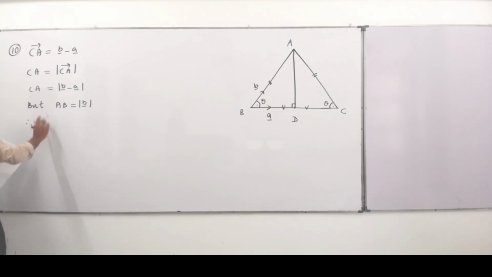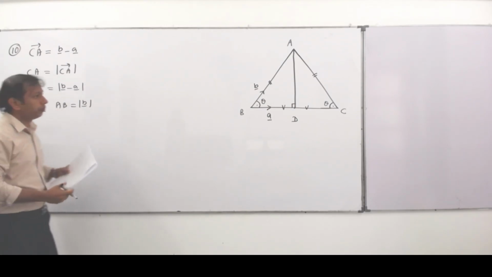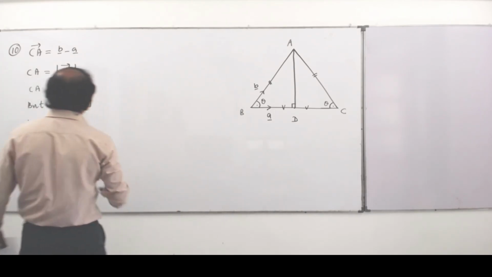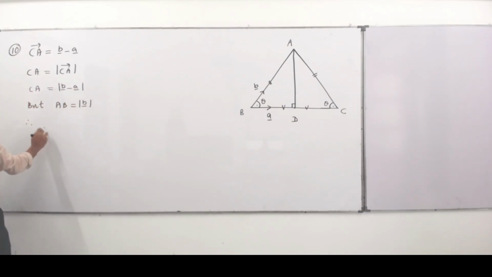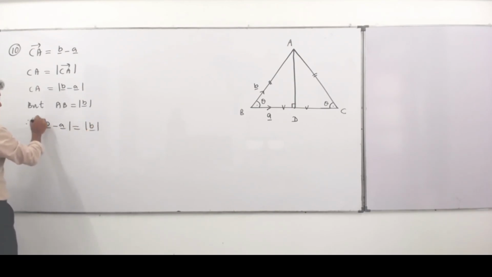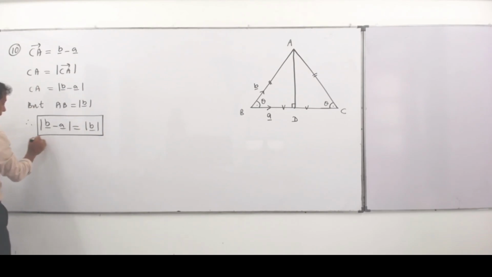Therefore, what can we say? CA and AB equal, no? Isosceles triangle, no? Therefore, this modulus and this modulus must be equal. B minus A modulus should be equal to mod B. This we have. Right.